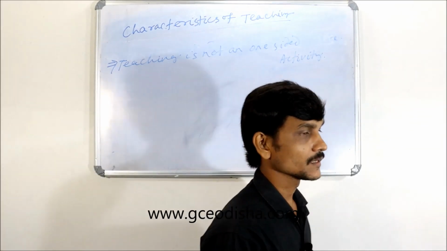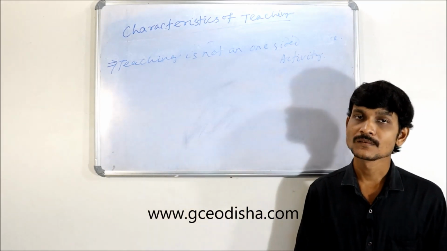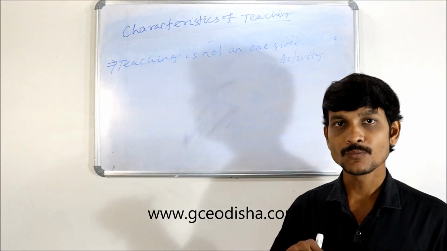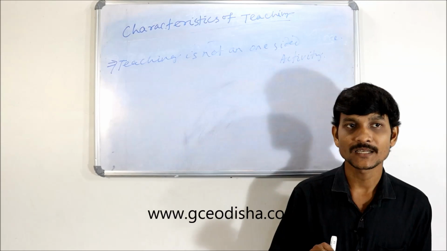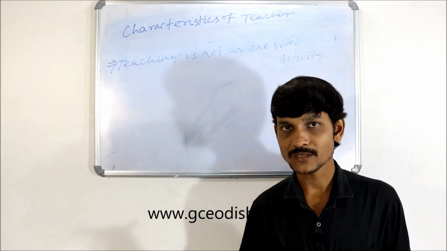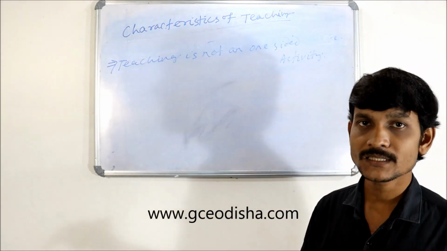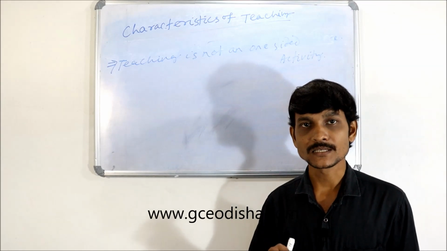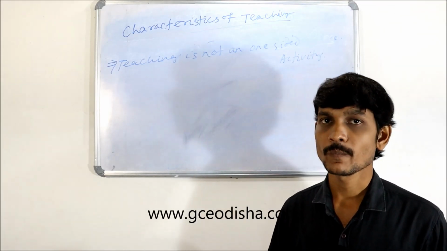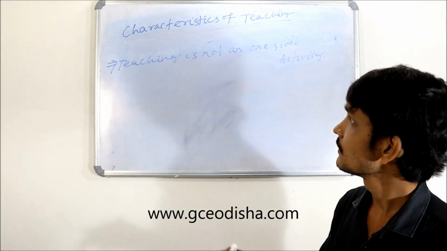Definitely, in the bipolar process, two poles are there: one is the teacher, another is the student. In the tripolar process, three poles are there: teacher, student, along with the environment.